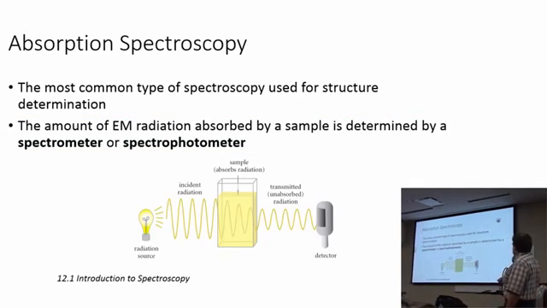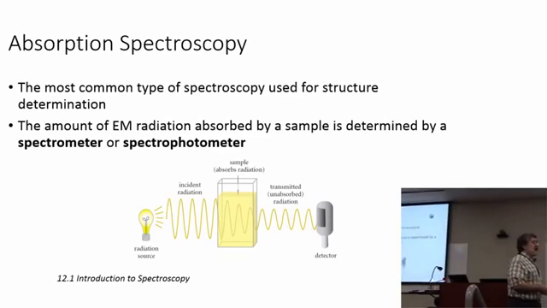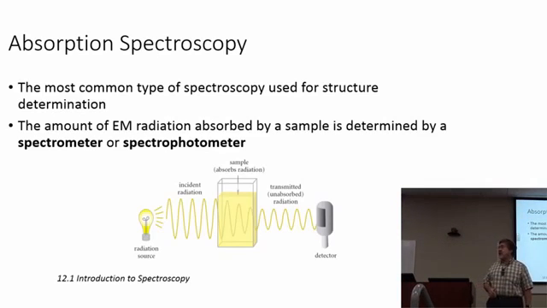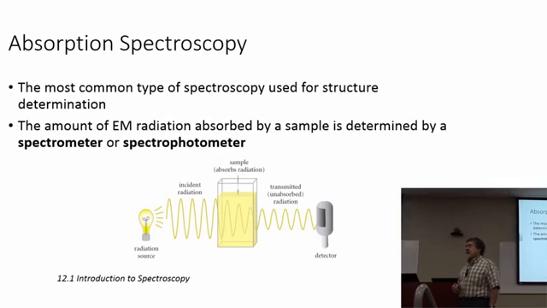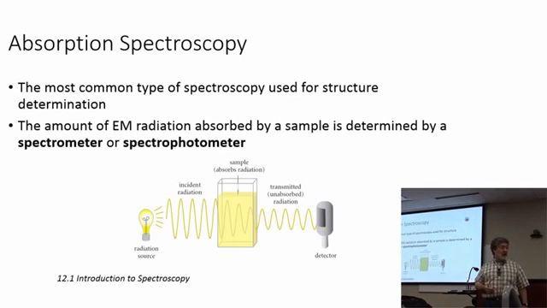Right? And this is a very simple graphic, but it represents an instrument you guys used back in Gen Chem, the Spec 20. Sometimes I overgeneralize a Spec 20 as a glorified flashlight, because that's kind of what it is.